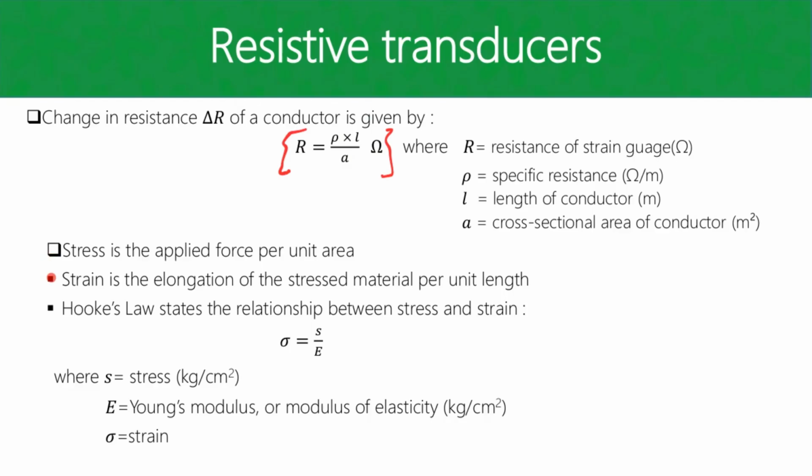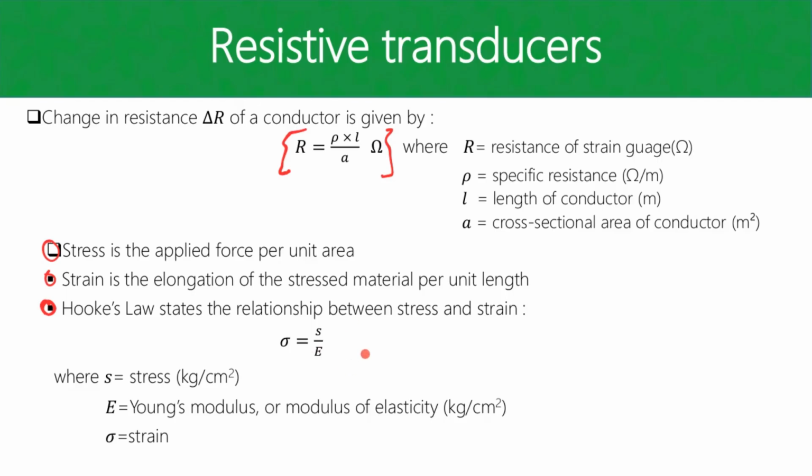And stress is the applied force per unit area. Strain is the elongation of the stressed material per unit length. And then there's a very important law here, which is Hooke's law, which states the relationship between stress and strain. So S here is stress, and E here is what we call Young's modulus, or the modulus of elasticity.